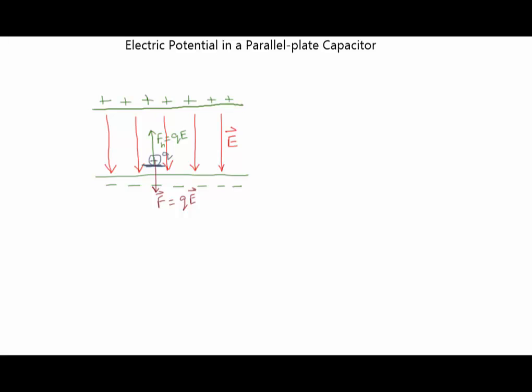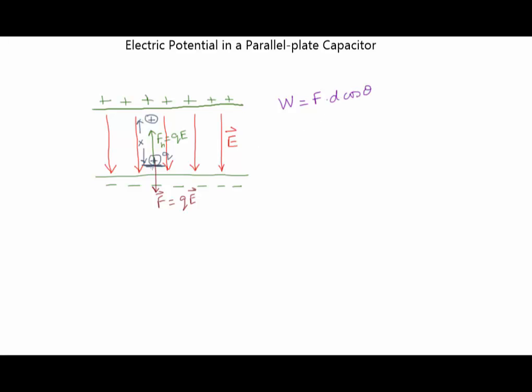So now let's pretend that I want to move this charge through a distance closer to the positive plate. So I want to move it over here, and the distance I want to move it by is distance x. How much work would I have to do to move that charge through that distance? Well, we know that work is given by the force times the displacement times the cosine of the angle between them.